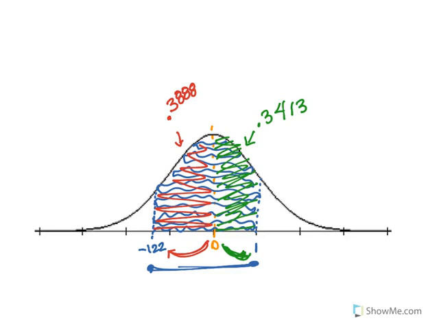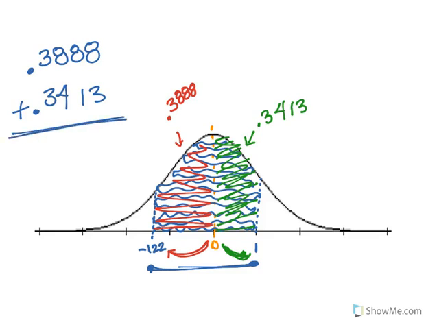We're getting that total, so we're going to add it up. 0.3888 plus 0.3413. When we add that up, we get 0.7301.